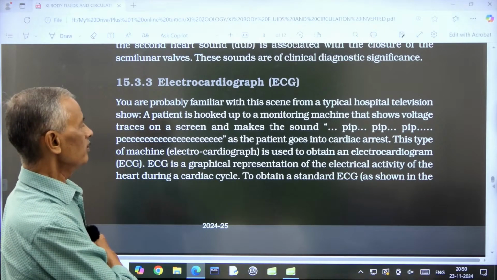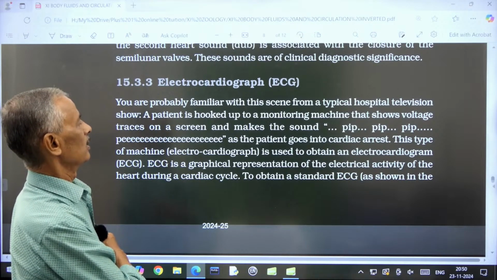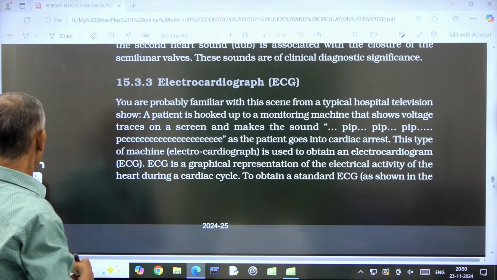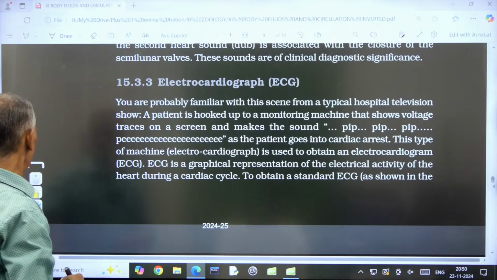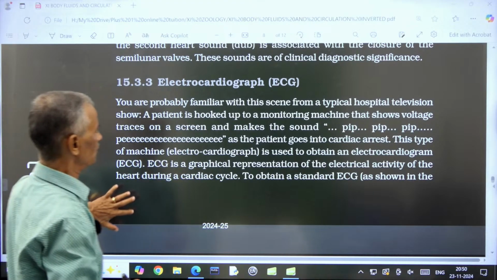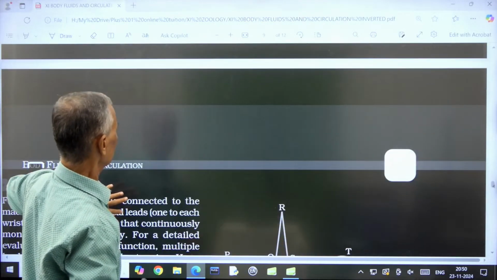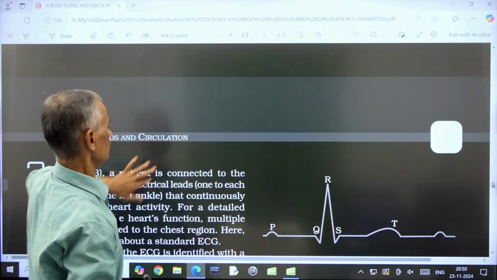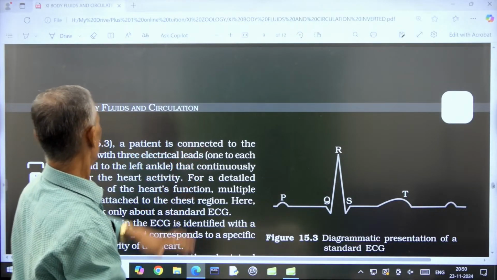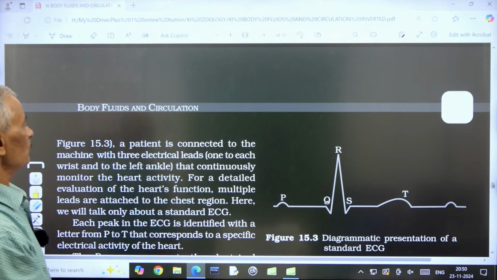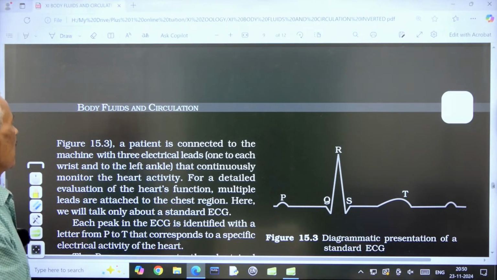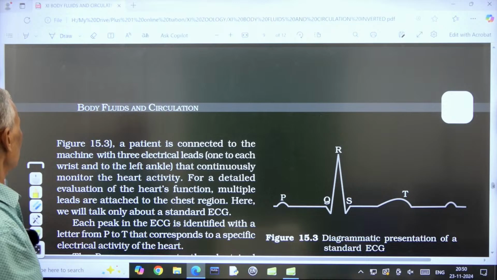To obtain a standard ECG, the patient should be connected with that machine with at least 3 electrical leads, one to each wrist and the third one to the left ankle, that continuously monitor the heart activity.